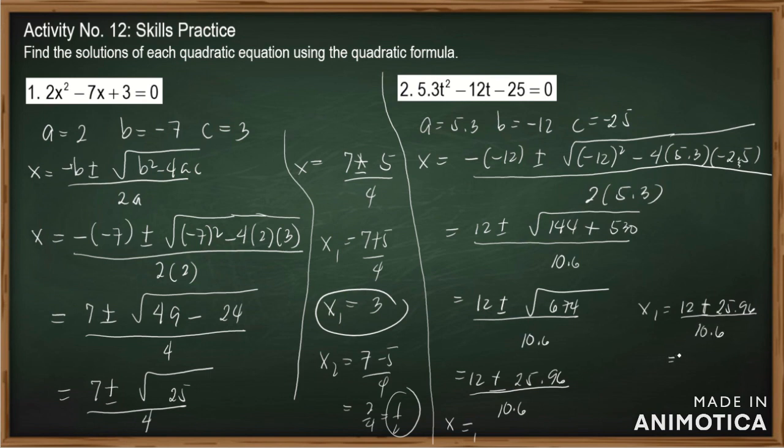So we have 12 plus 25.96 equals, divided by 10.6, just make use of a calculator. So we have x is equal to 3.58. Then we have x sub 2 is equal to 12 minus 25.96 over 10.6.